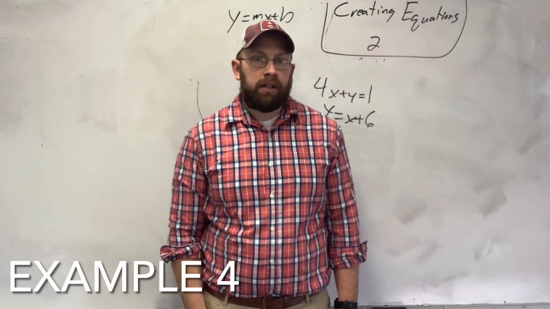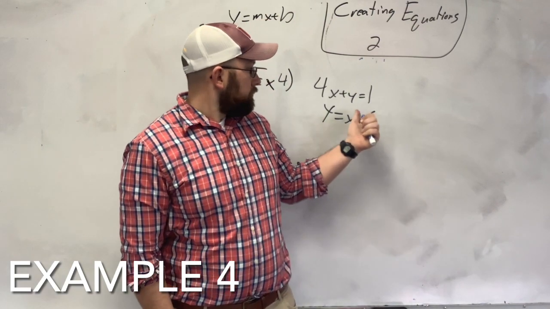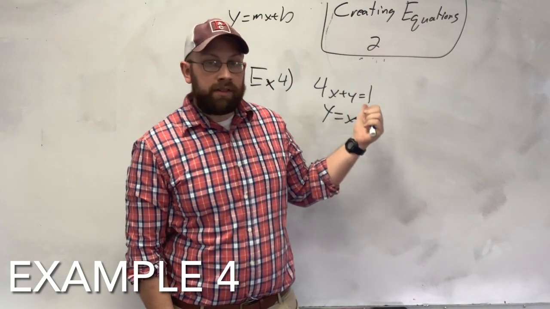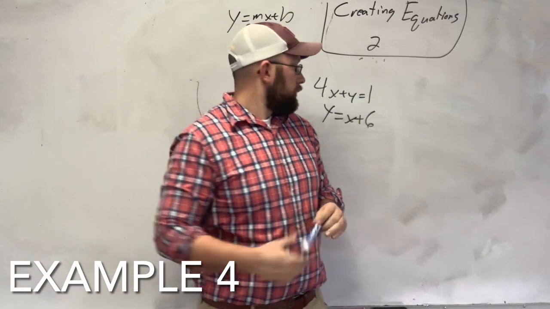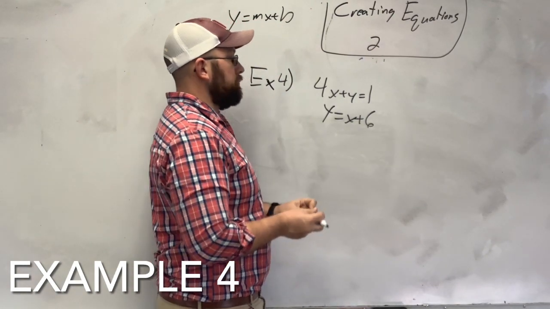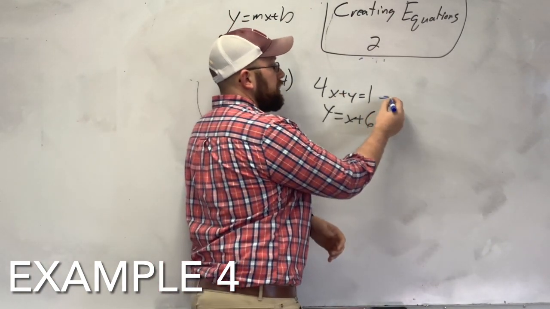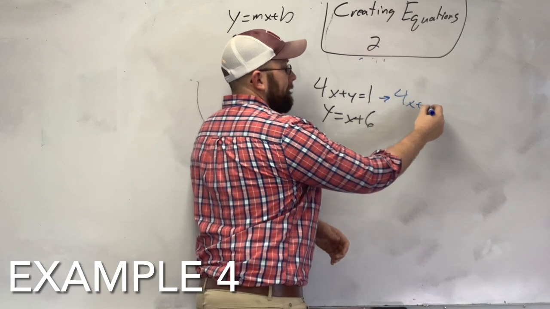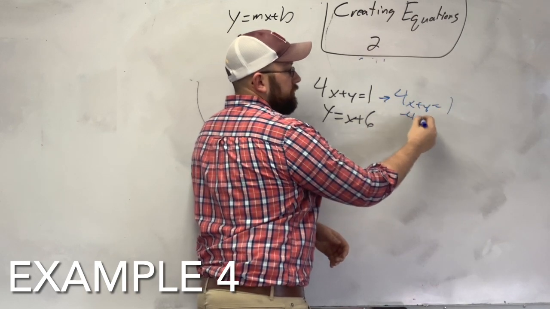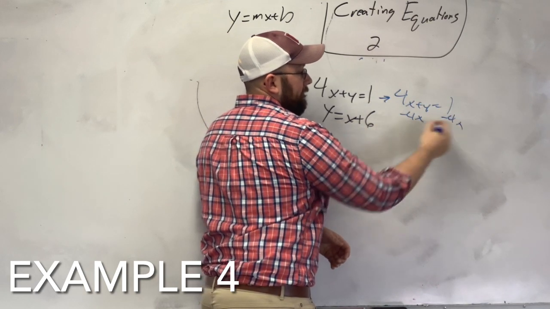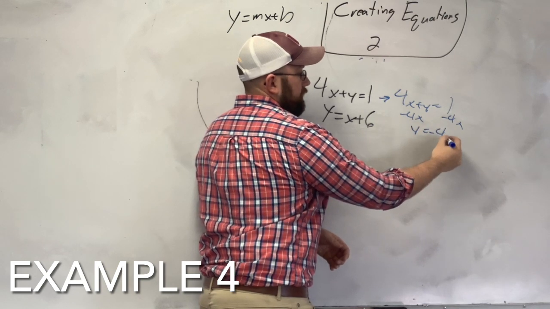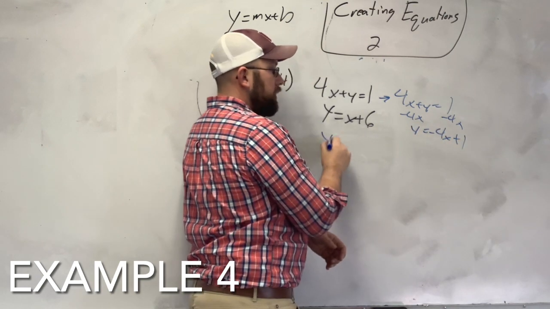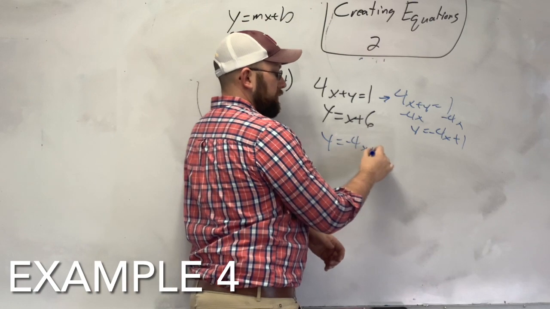All right, now we're going to find what the solution is for these two. This is already in y-intercept form. We're going to switch this one to y-intercept form now. There are two ways to do this.